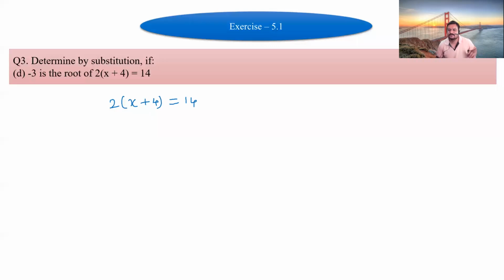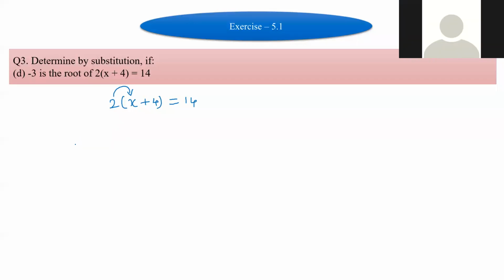Yes, Siddhi, speak. First we have to multiply this 2 inside. Yes, Akshara, speak. Yes, sir. Sir, we will multiply 2 into x and then 2 into 4. So it is 2x plus 8 is equal to 14. 2x equals 14 minus 8.